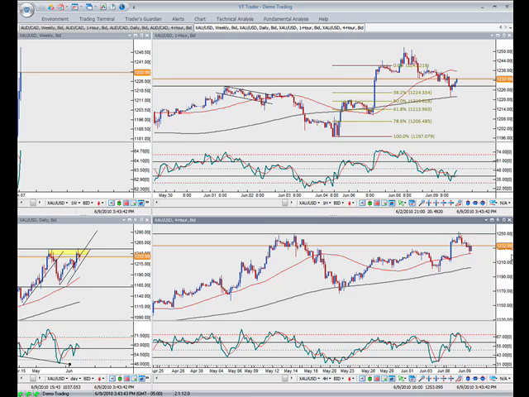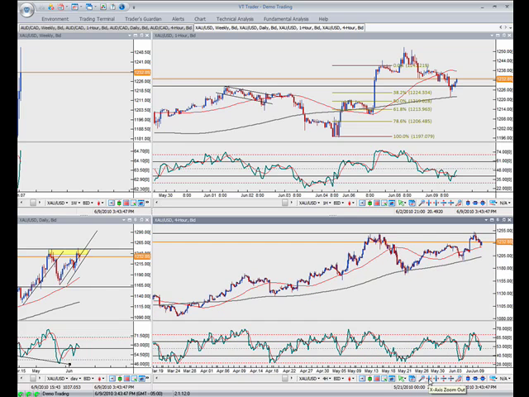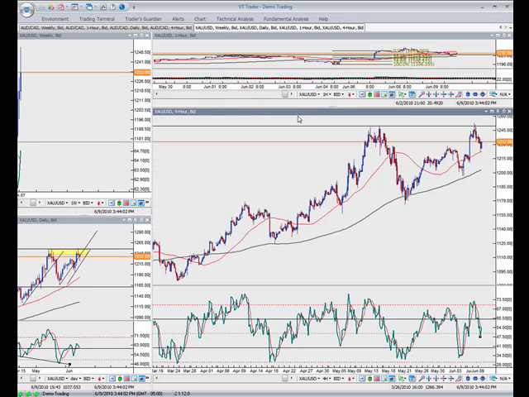So let me see the 4-hour time frame. Look at the 200 moving average in the 4-hour time frame. If the market can break below that, that should be a sign of reversal. Or momentum wise, if the RSI breaks below 40, that should also be a signal that the market is in correction.